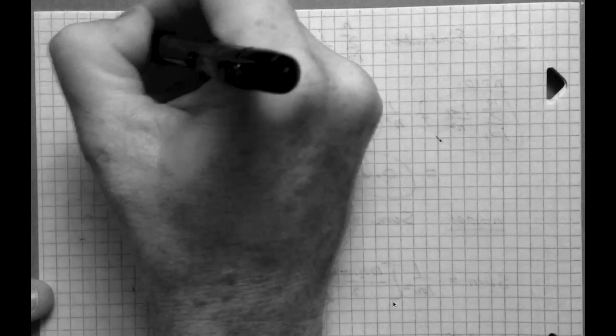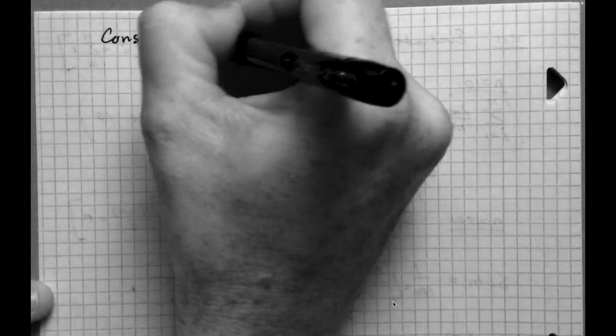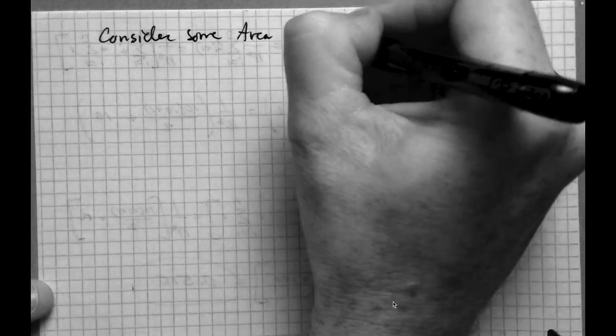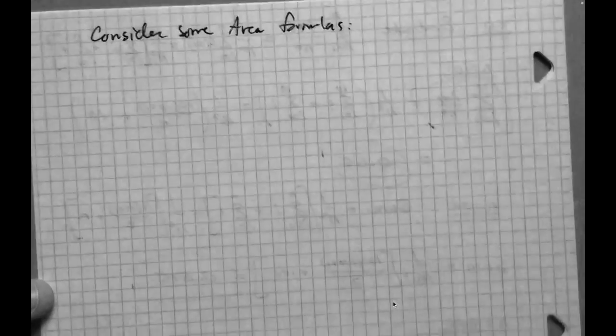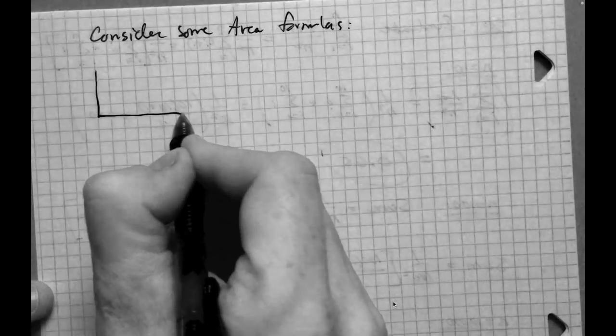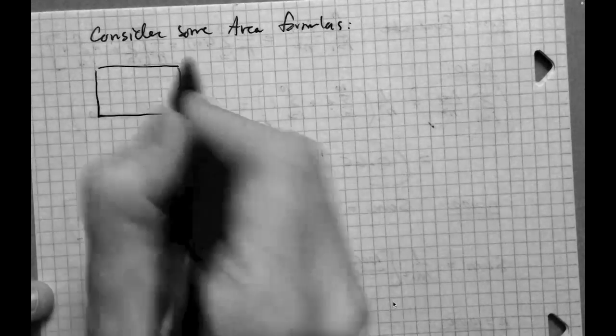The first one is this summation notation, the sigma notation. The second one is we want to start to think conceptually about areas. So consider some area formulas. For example, the one that everybody knows, the area of a rectangle.